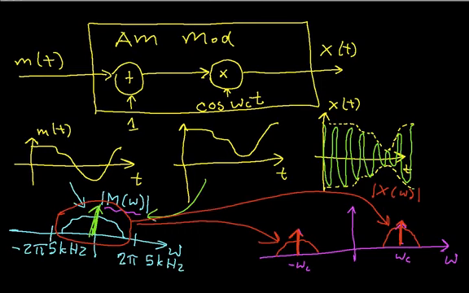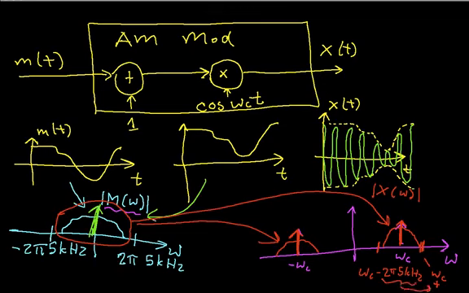So the last thing to point out before it looks like it's time to end this video, and then we'll talk about the demodulator in the next video. This spectrum fits between omega c minus 2 pi 5 kilohertz and omega c plus this same amount.